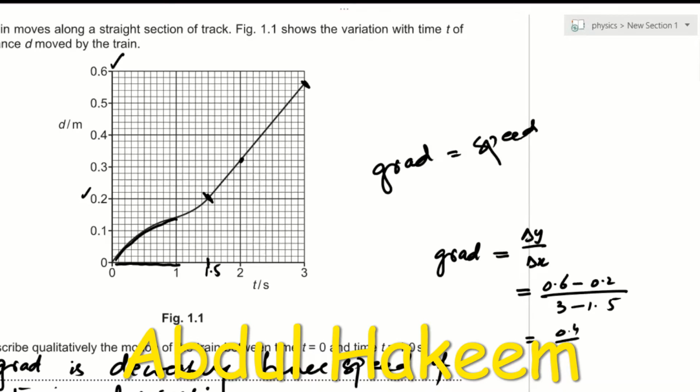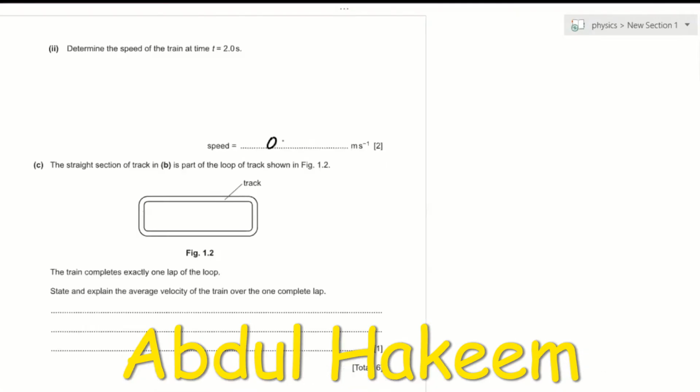So 0.4 divided by 1.5. After the calculation, the answer is 0.24 meter per second.